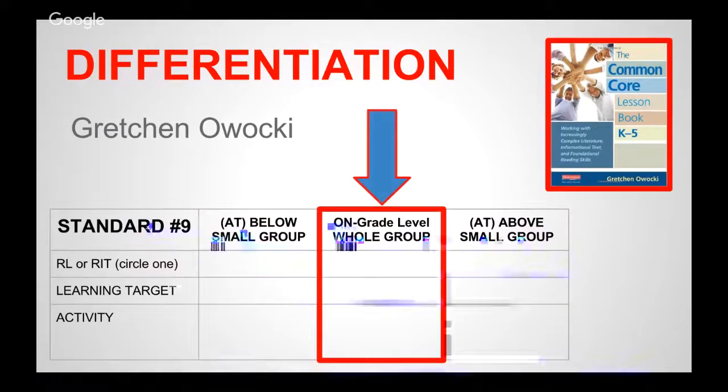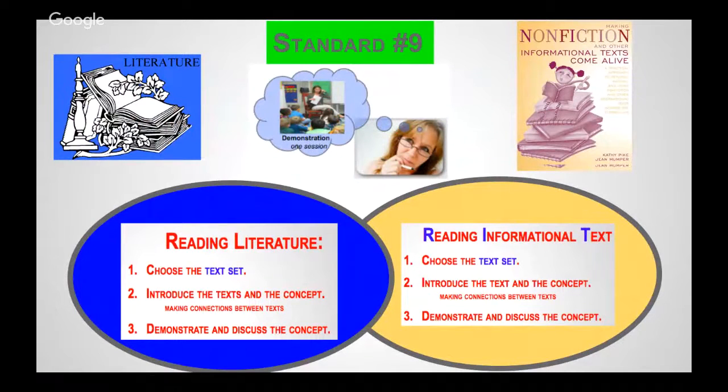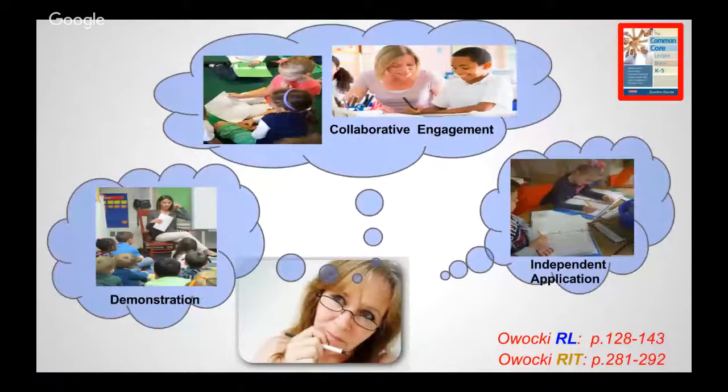And this is the process of identifying how you're going to differentiate. Basically, how you teach this is the same as every other standard from Owocki. You're going to decide if you're working with literature or informational text. The gradual release moves from demonstration to collaborative engagement, eventually to independent application.